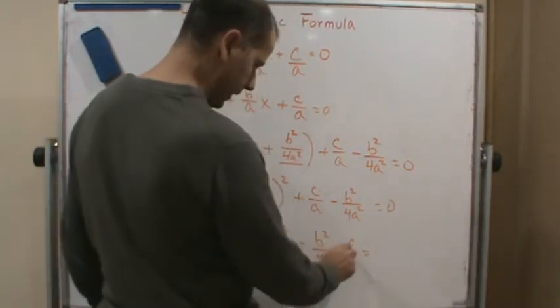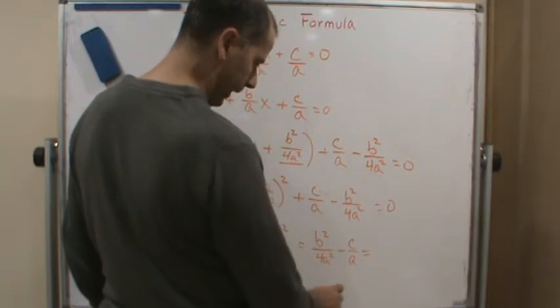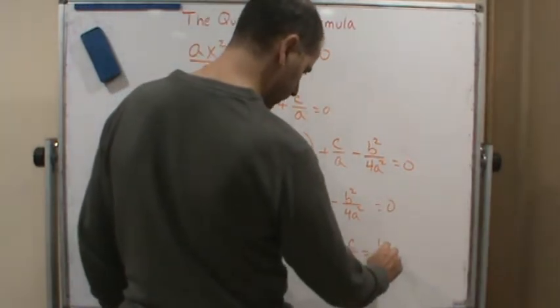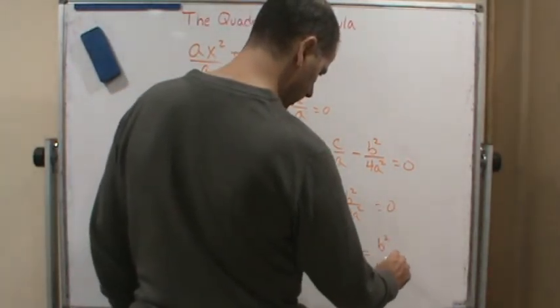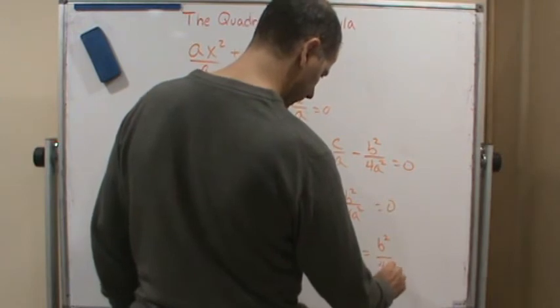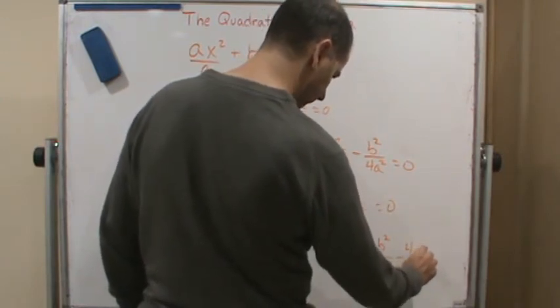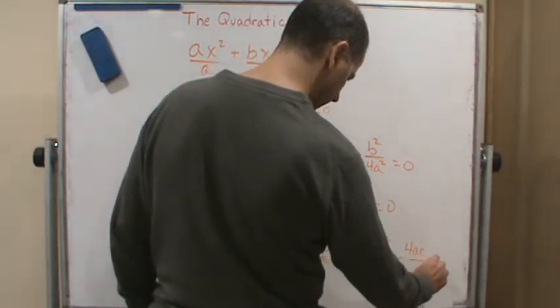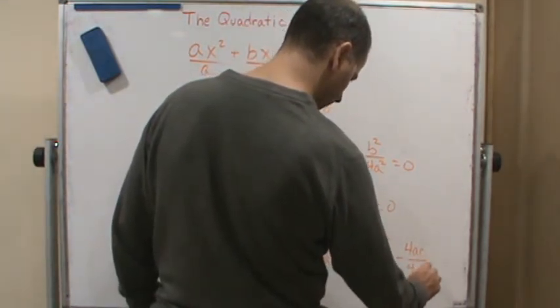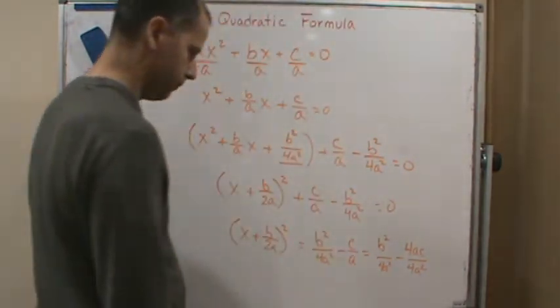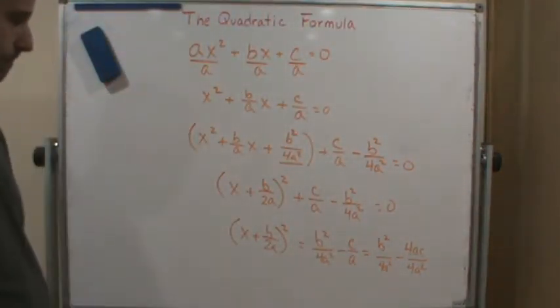So I'm going to multiply the top and the bottom by 4a. That'll give me b squared over 4a squared minus 4ac over 4a squared. Okay, some of you might see where I'm going with this.